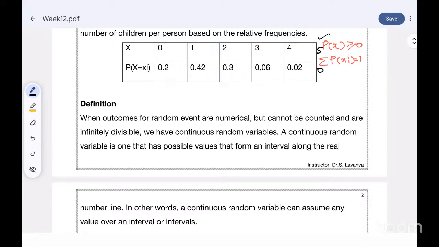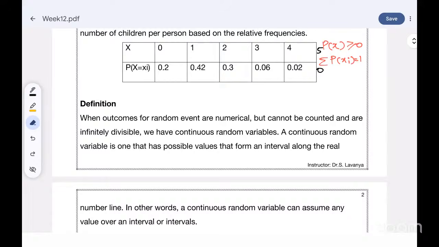I can include this. So probability of x equal to 0 is possible.